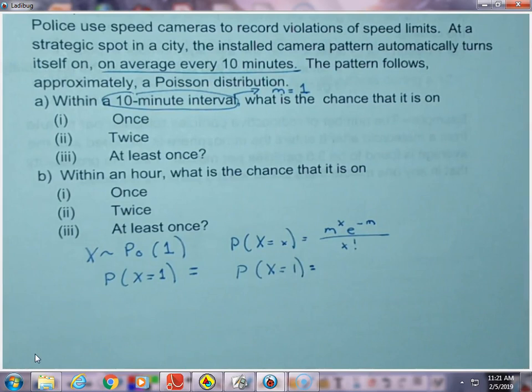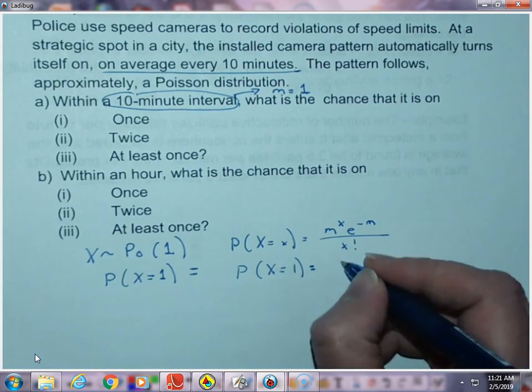When you said m equals 1, is that talking about the mean or minutes? Okay, yeah, this is the mean, and this one is what I want to know the probability of. Unfortunate that they're both ones in this particular case. But this one is the m, and this one I'm trying to find the probability that it happens once, so that's an x.